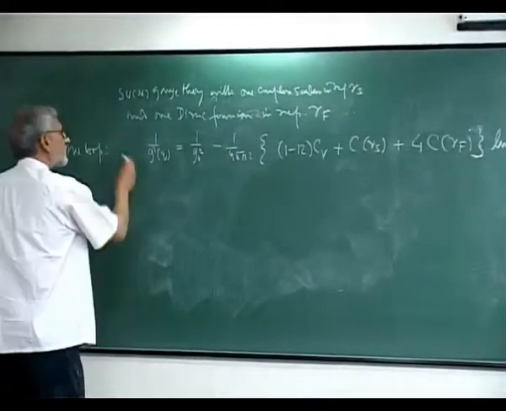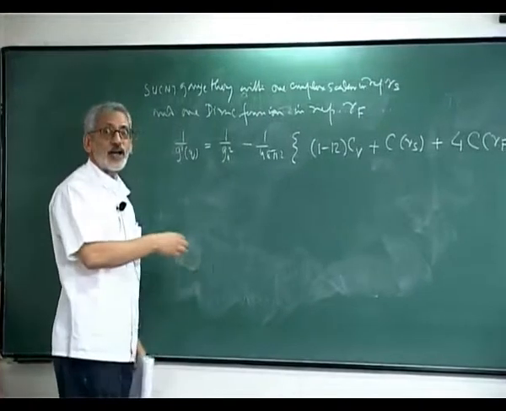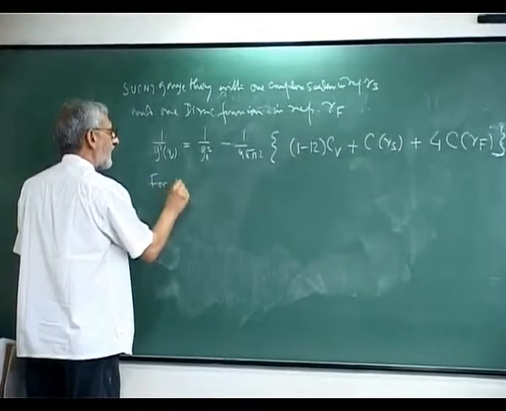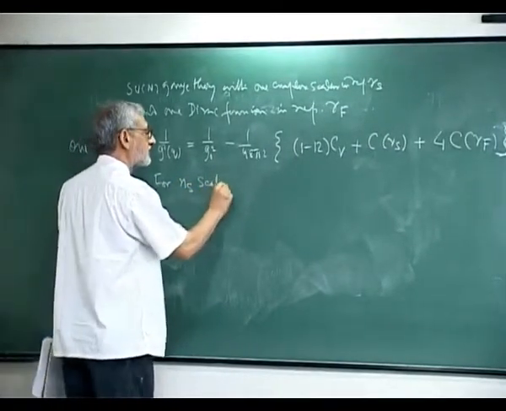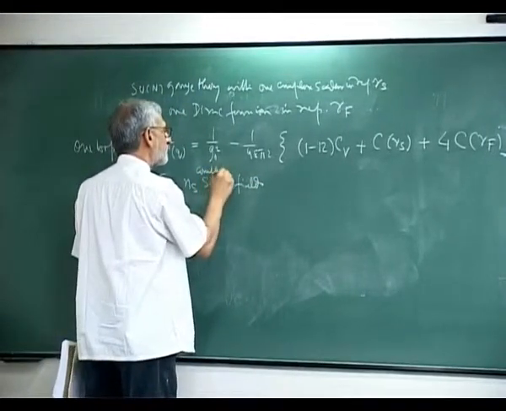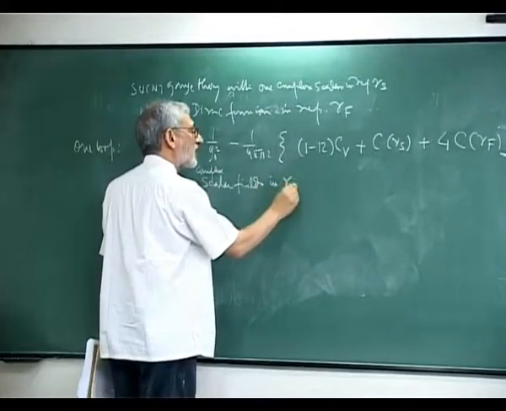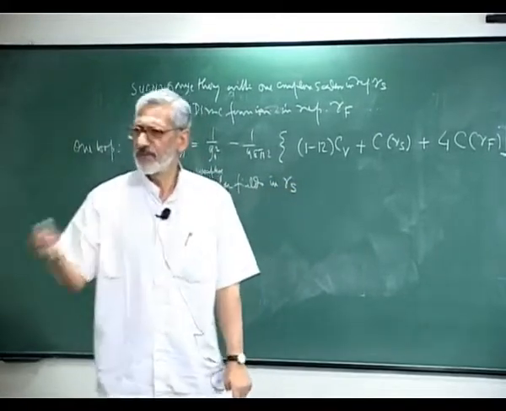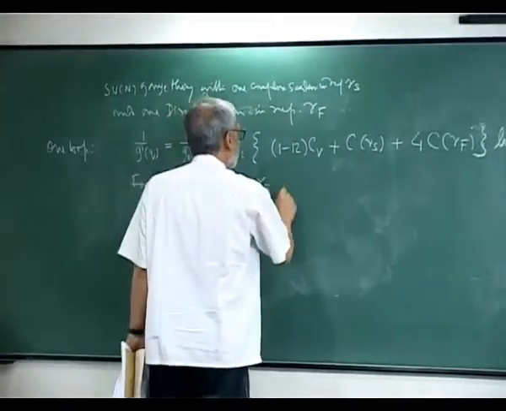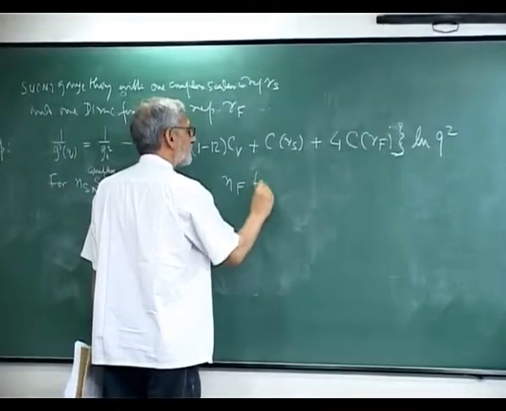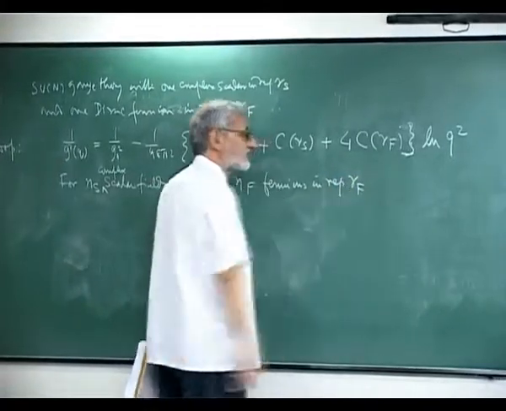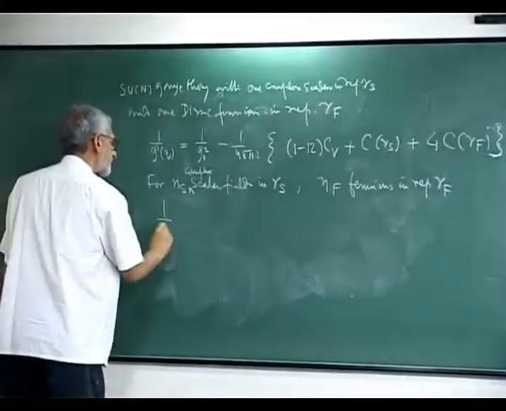All right, before that, now instead of one scalar field, if I have more scalar fields and more fermions. So let me say for ns complex scalar fields in representation Rs, they could be in different representations, but let me take them to be in the same representation, and nf fermions in representation Rf, this answer would be as follows.